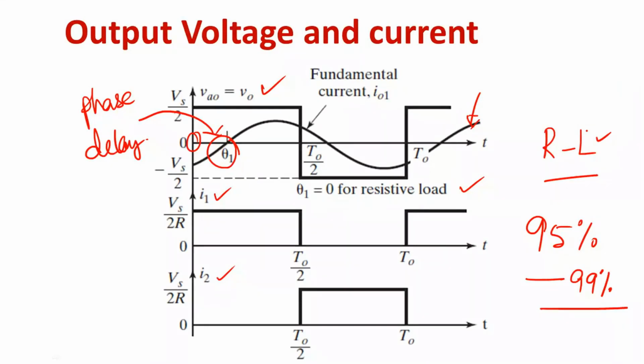The example for resistive loads are filament lamps. These filament lamps are considered to be pure resistive loads because the filament is made with tungsten, which contains only resistance, no inductance. In modern days, usage of these filament lamps has come down to a very minimum.